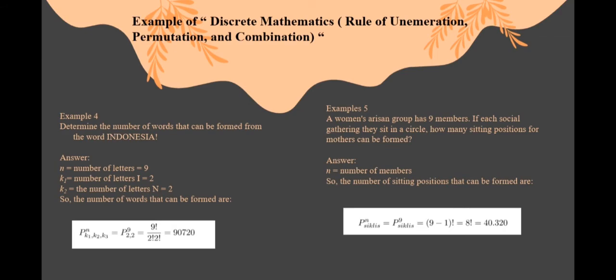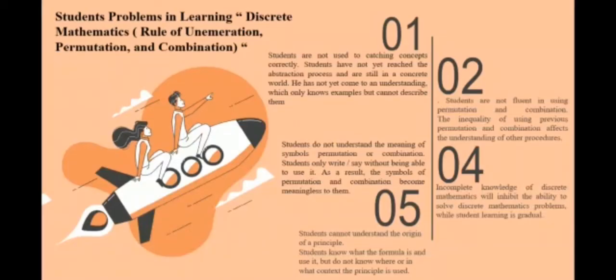Next are students' problems in learning discrete mathematics, rule of enumeration, permutation, and combination. First, students are not used to catching concepts correctly. Students have not yet reached the abstraction process and are still in a concrete world.